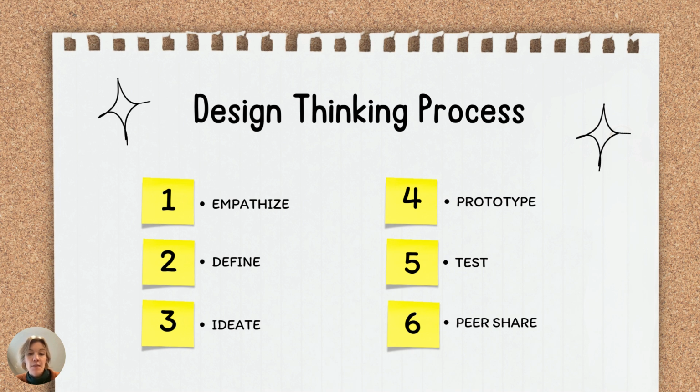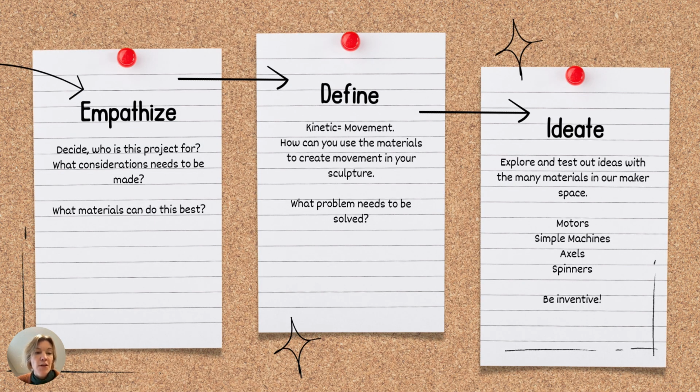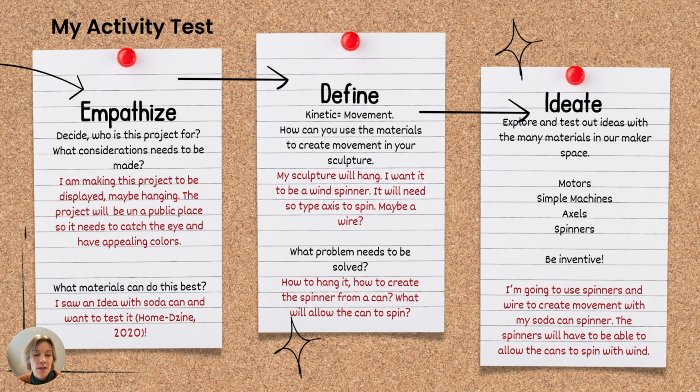And then, on the next slide, you'll see I broke apart each stage of the design thinking process and some questions to prompt them through their thinking. So first for the empathize, I think what I'll do is just hop ahead to my example and how I answer the questions. For the empathize, I had to decide who the project's for and what considerations need to be made.